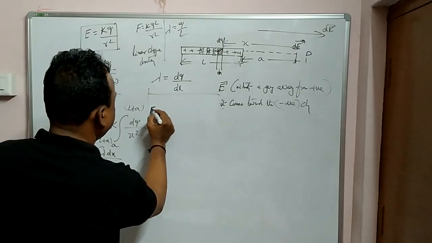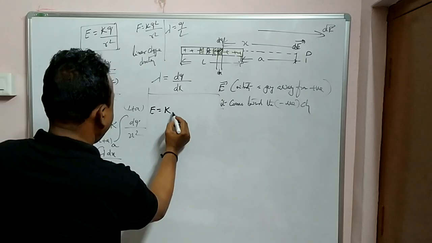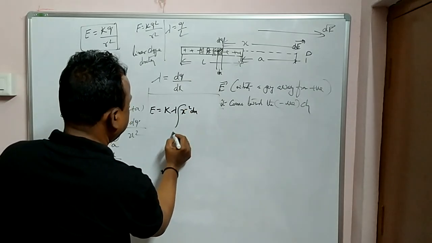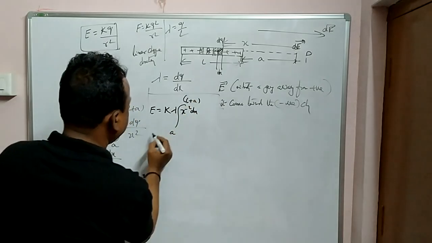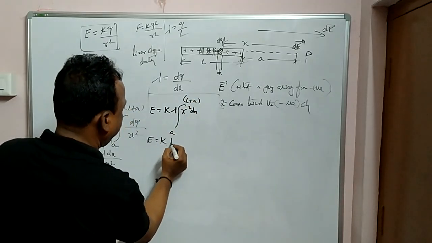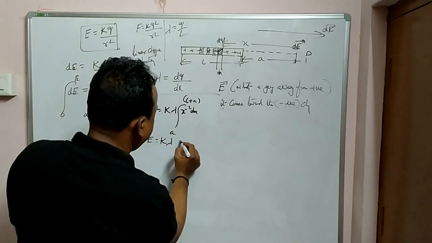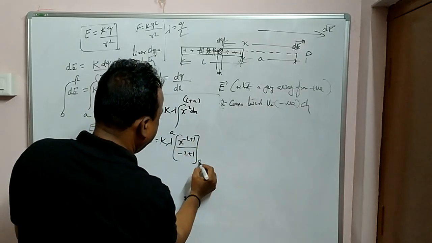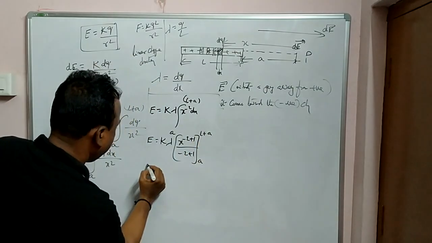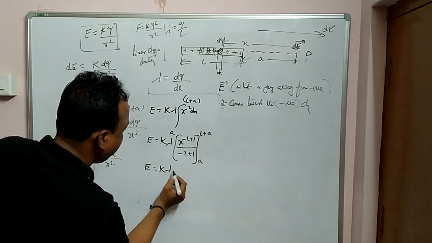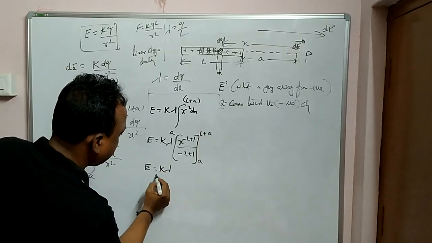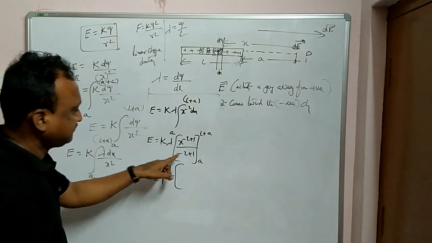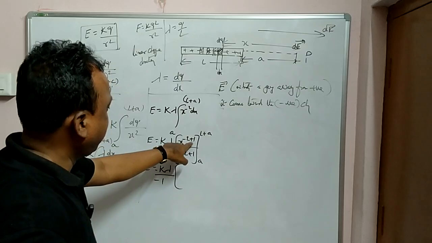So here E is equal to K constant, lambda is also constant, dx by x square, and write as x power minus 2 dx, integral a to L plus A. Therefore E is equal to K lambda, integration of x power minus 2 is x power minus 2 plus 1 by minus 2 plus 1, from a to L plus A. Here minus 1 I will take outside. What does this become? Minus 1 by x. Note that x to the power of minus 2 integrates to x to the power of minus 1.